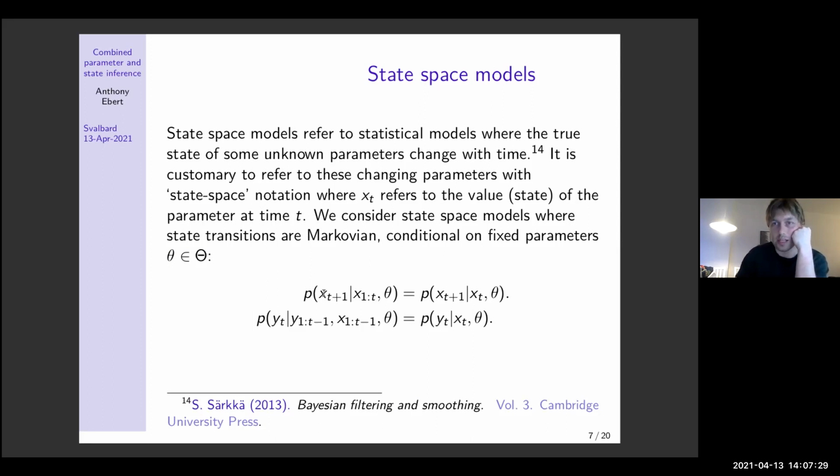And in a typical algorithm for performing state space inference, such as a particle filter, this fixed parameter theta is assumed to be known, and so we're only really performing inference on this state.